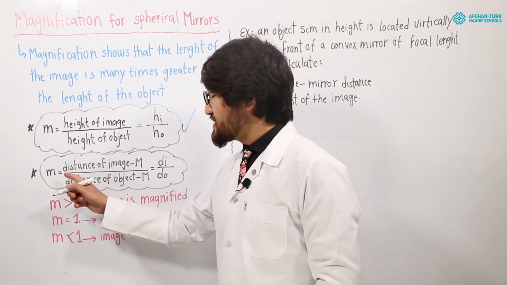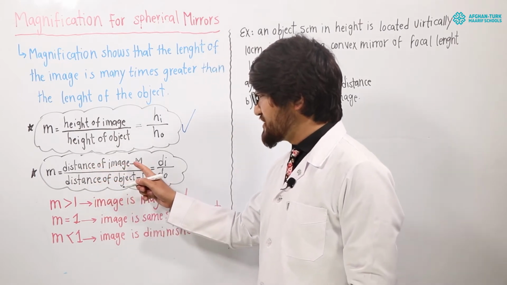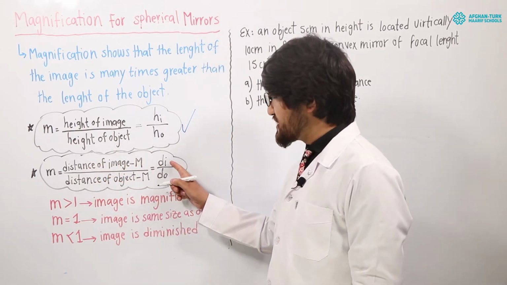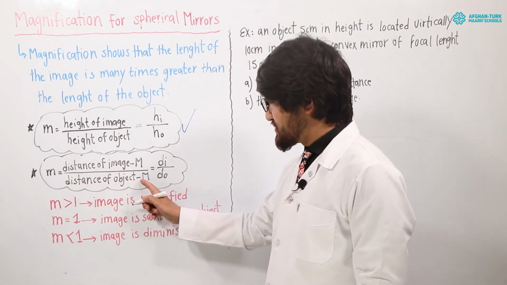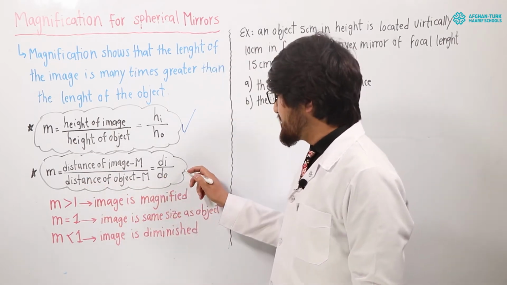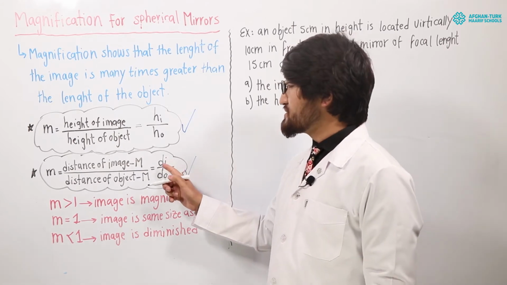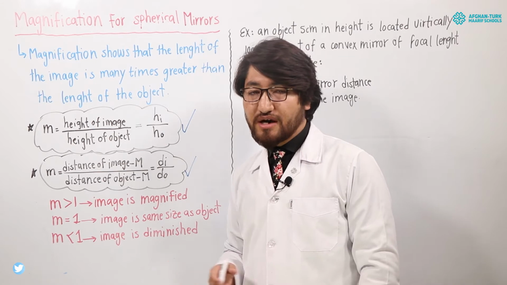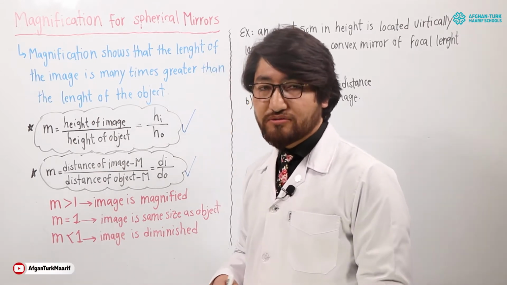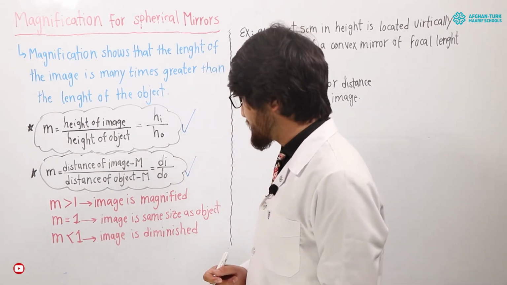Magnification is equal to distance of image from mirror, DI, over distance of object from mirror, DO. It means magnification is equal to DI over DO. I told you about DI and DO in the previous video.